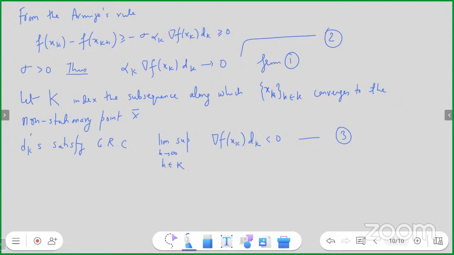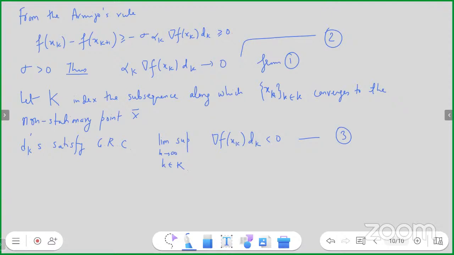So what? All it essentially tells you is that the Armijo rule is not choosing alpha k equal to s, but alpha k equal to some beta power m times s. That's all it's telling you.